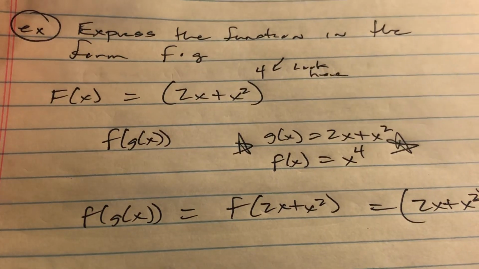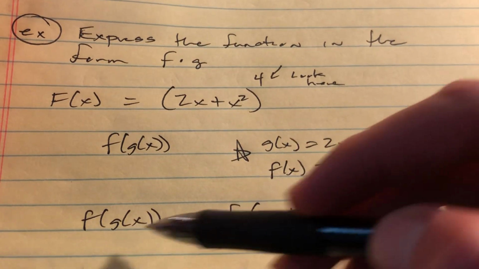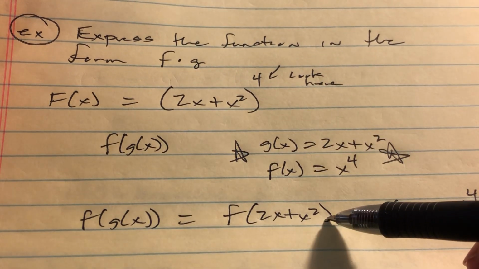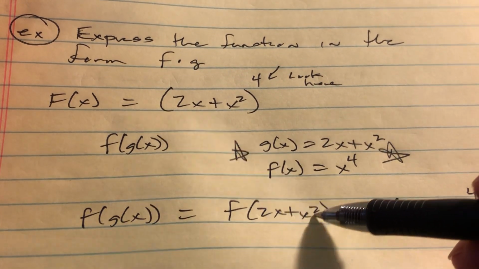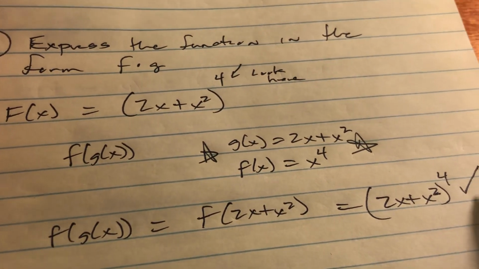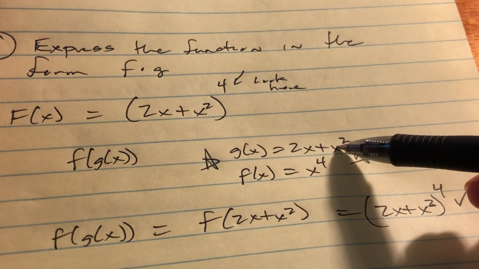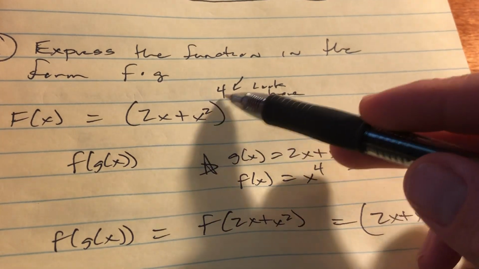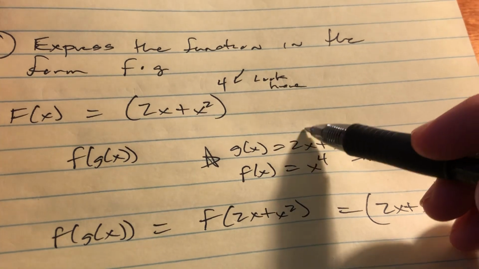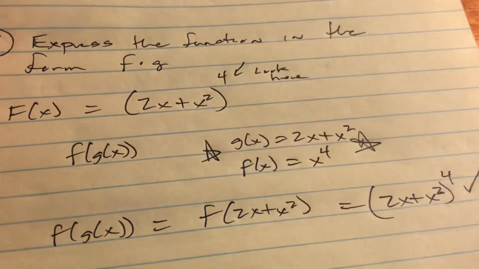Because here's what you're doing. If I write out f of g of x, that means it would be f of this, and then I would plug this into here, and I'd be left with this, and that's what I started with. Okay, so g of x is this kind of inner function, and f of x would be x to the fourth. What I'm plugging in for x raised to the fourth power.